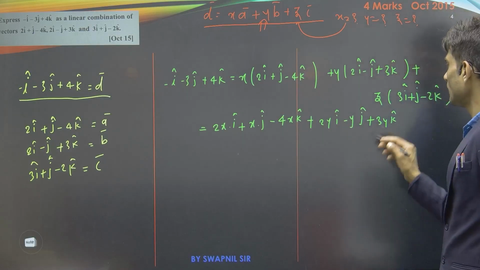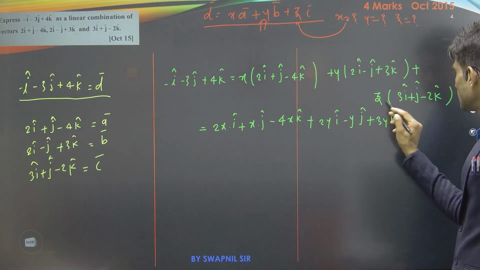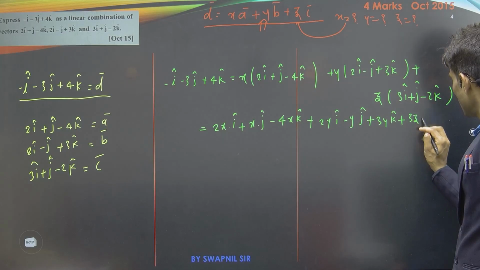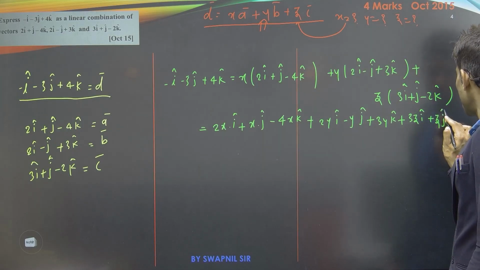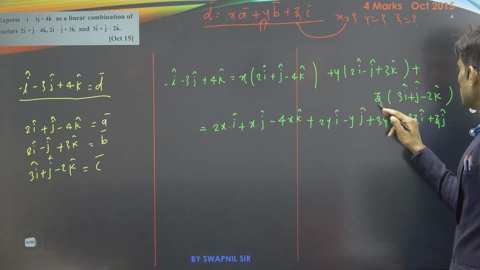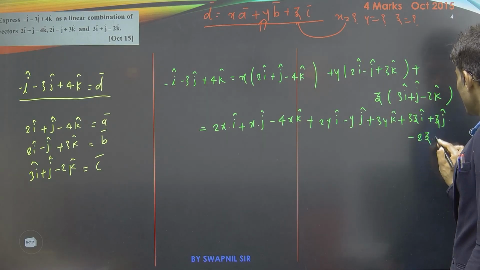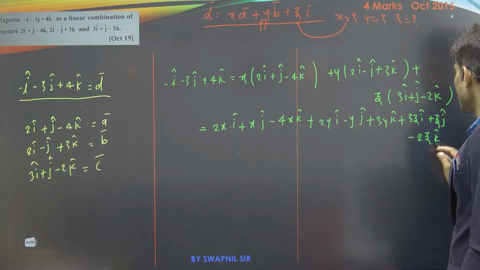After that, let's go for the third: 3z i cap plus z j cap minus 2z k cap.